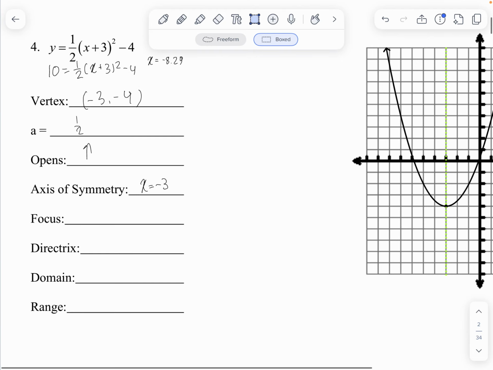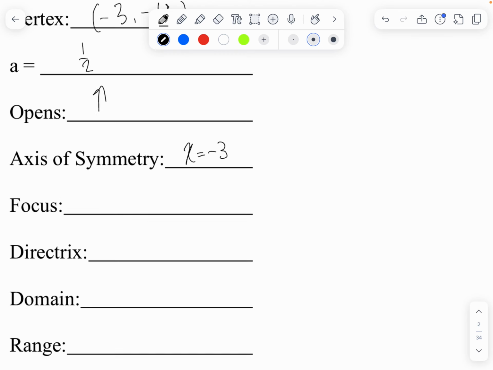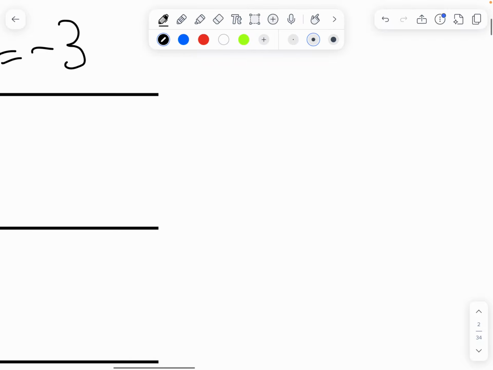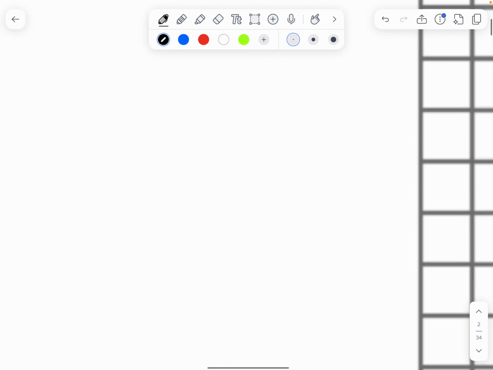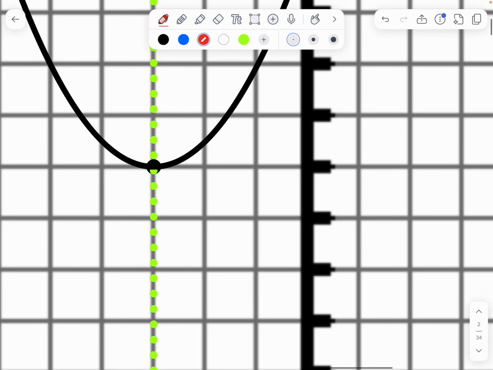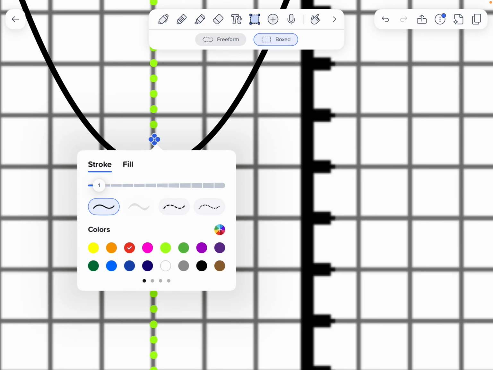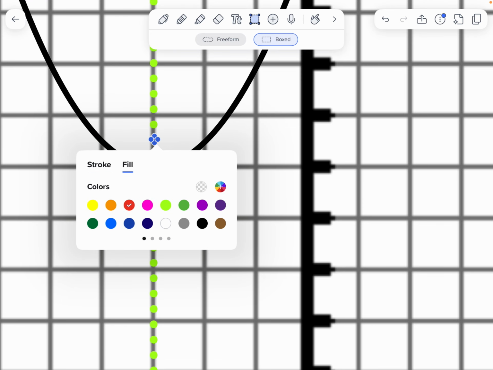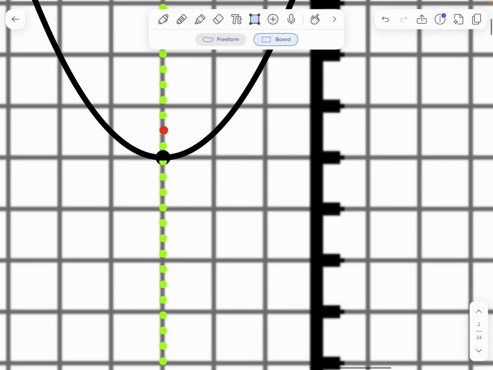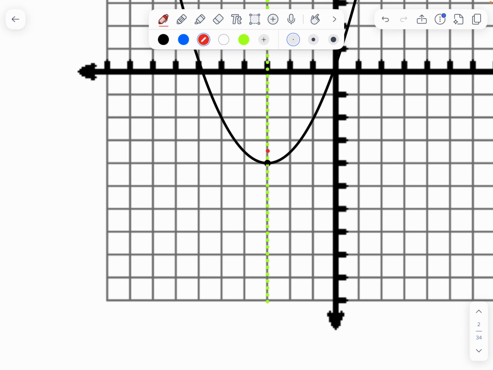Okay, time for the foci and directrix. Since it's 1 over 4 times 1/2, that equals 1/2. And then 1/2 through here.